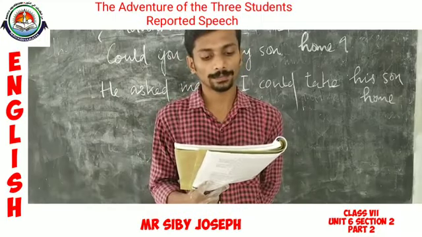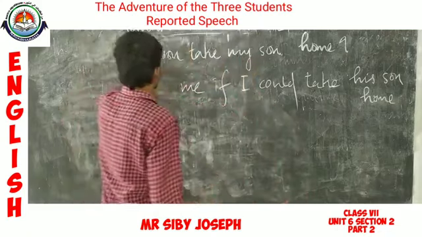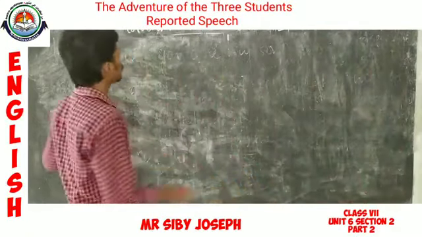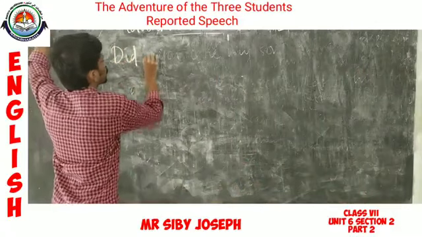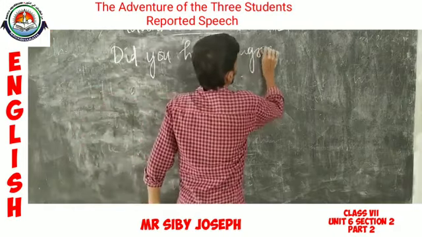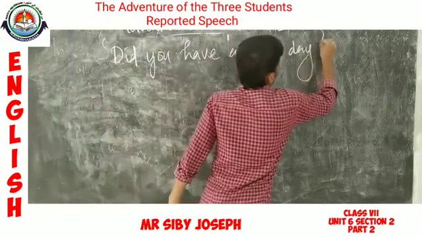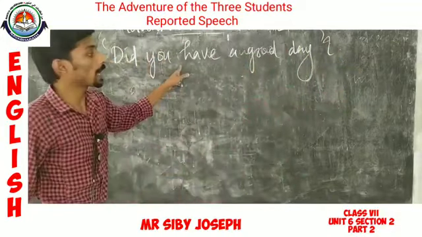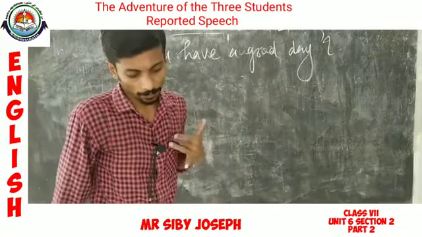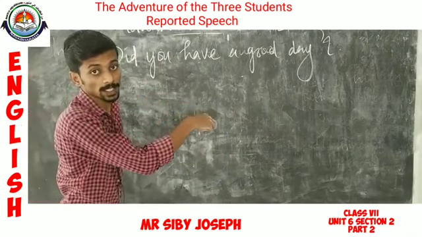The first is done for you. Did you have a good day? So, we can take the first example. Did you have a good day? So, the grandmother is asking to whom? The grandmother is asking you or me. So, we can say that it is a question, so we have to use a word expressing question.